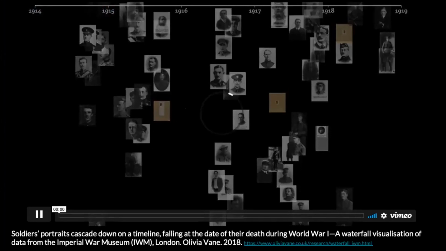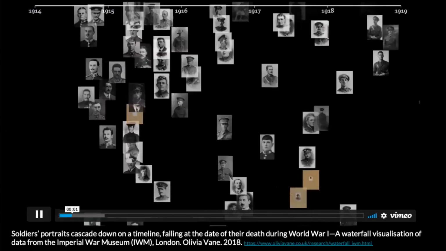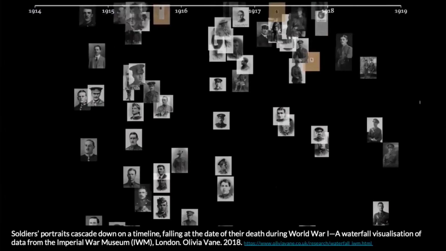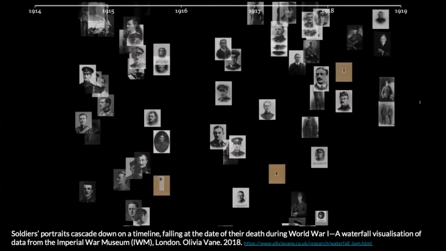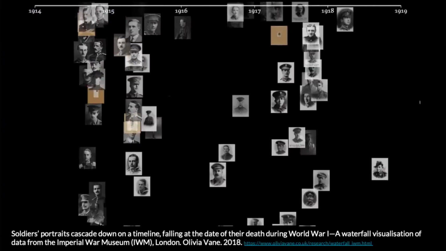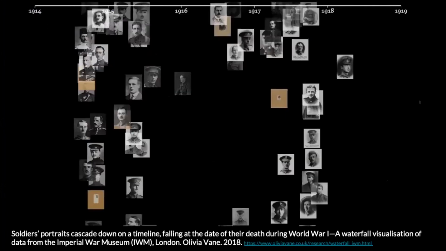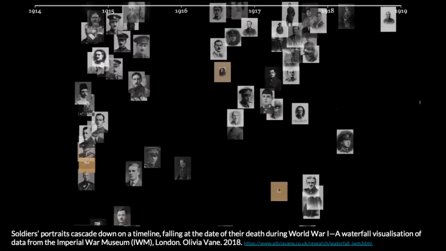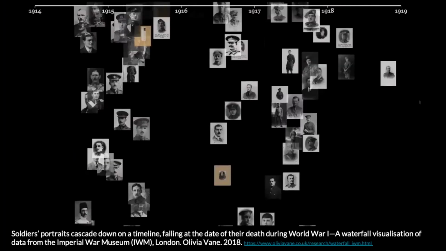This is an example of mine. This is a visualization of soldiers' portraits from the First World War. And this is a collection from the Imperial War Museum in London. And in this, I'm cascading down the portraits at the date of death during the First World War. So again, this is an artistic way to present the data.